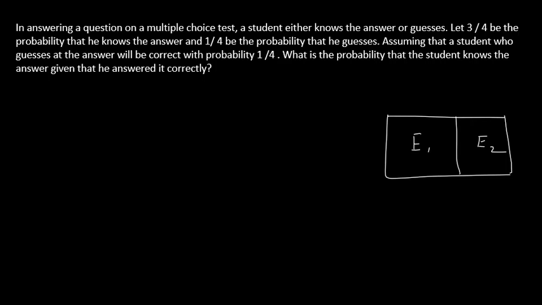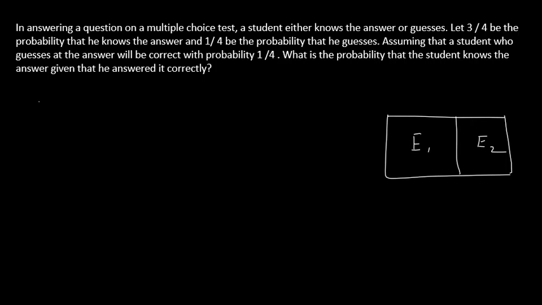So the student has correctly answered. Now we have to find the probability that he knows the answer. That means he has not guessed it. By guessing also we can have a correct answer, but we have to find the probability that he knows the answer when I know that the answer is correct. So here again we have few events.